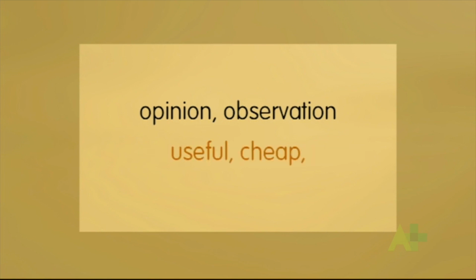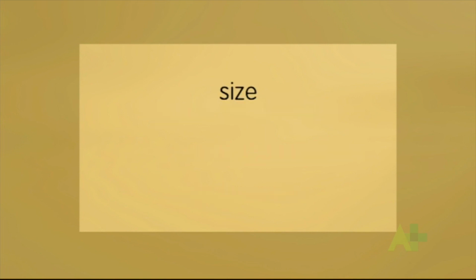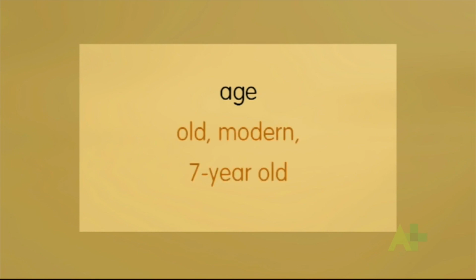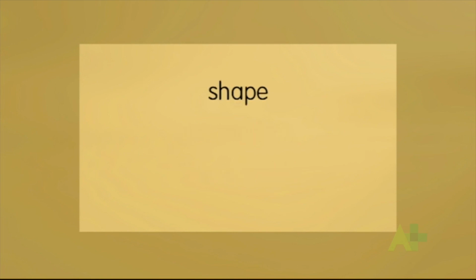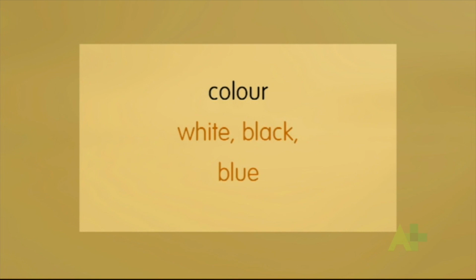Useful, cheap, ugly, beautiful. Then we have size. For example, enormous, tiny, huge. Followed by age. It could be old, modern, 7-year-old. Then shape. Perhaps oval, circular, or flat. A colour, like white, black, or blue.